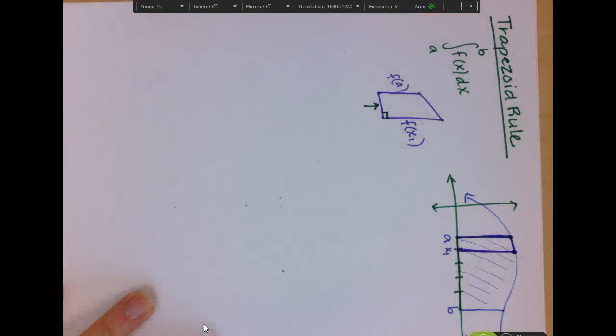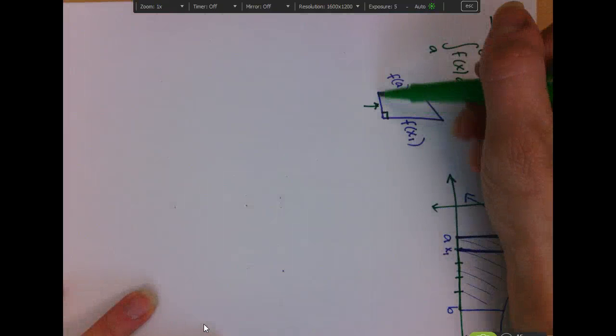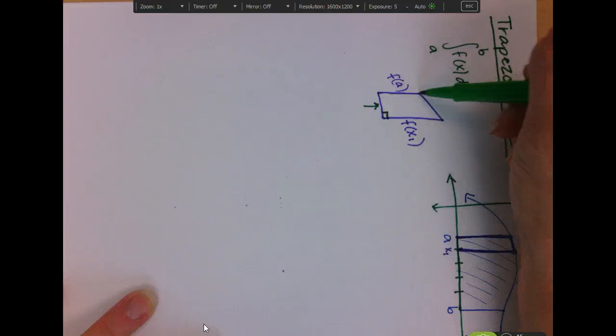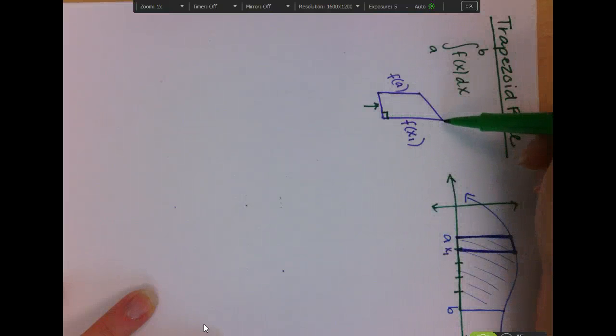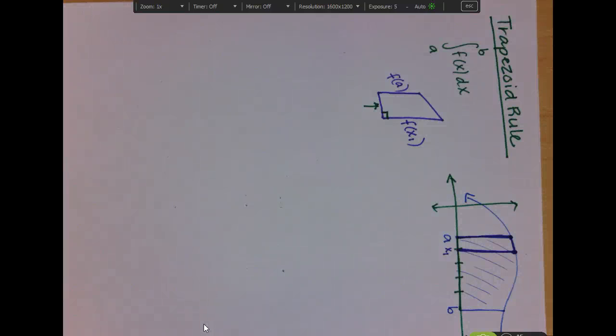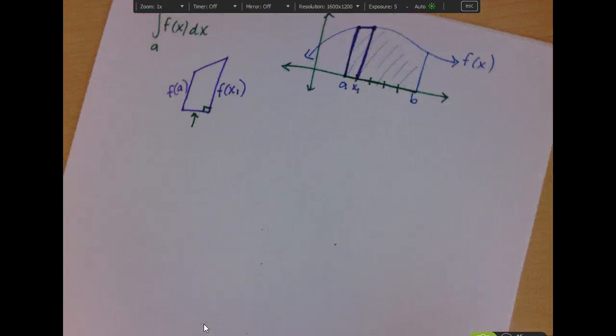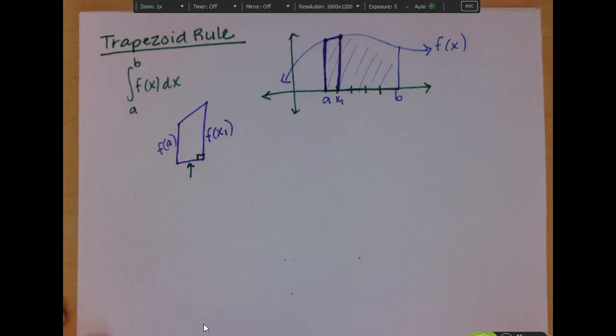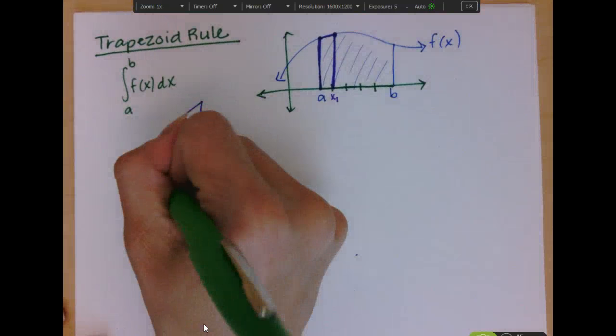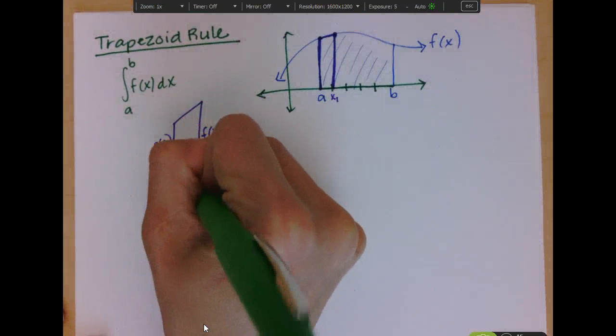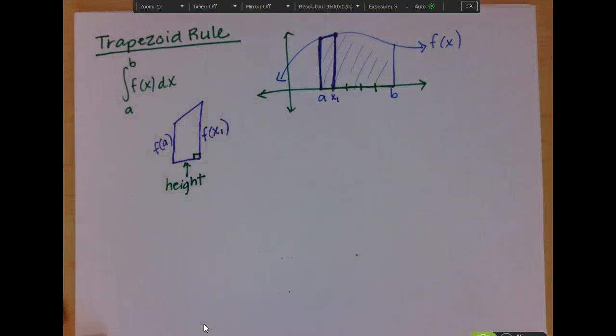So this length right here is actually the height of our trapezoid, and then these two here are those parallel non-equal bases. So if I flip this picture right side up, the length that's on the bottom is actually the height of our trapezoid.